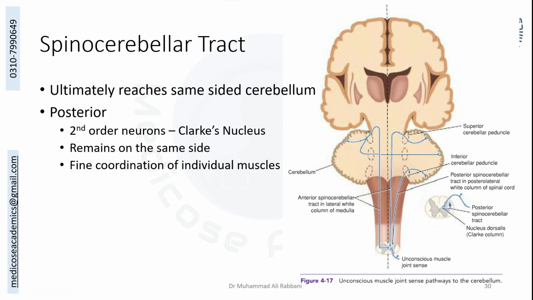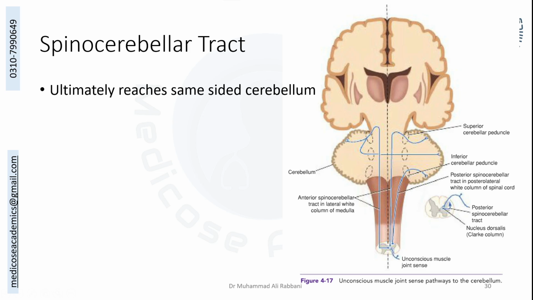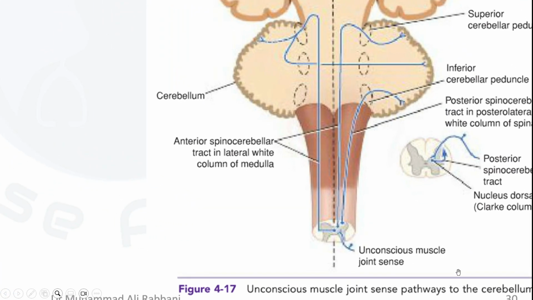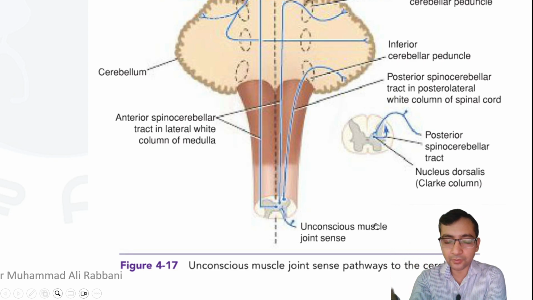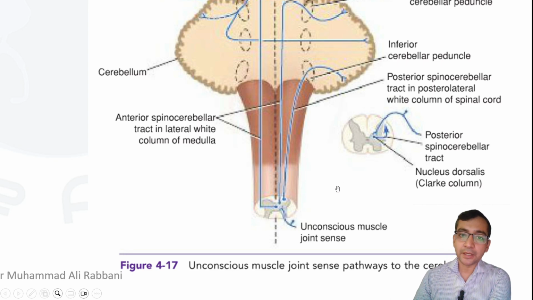First order neuron. The first order neuron will be the same as we have discussed in the dorsal column-medial lemniscus system. It will be the peripheral nerve cell which will receive signal from the receptor, that is the muscle spindle or the Golgi tendon organ or any other receptor, and the peripheral process will carry the signal.